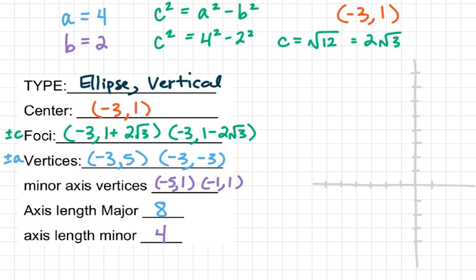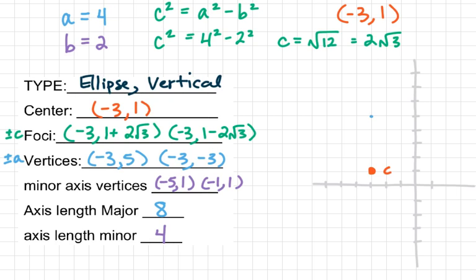And I had that other graph in there, but I didn't like the way it looked, my graph paper. So I'm going to actually use this graph instead. So we're going to plot the center at -3, +1. Now my vertices are going to be A units, 4 units above and 4 units below.